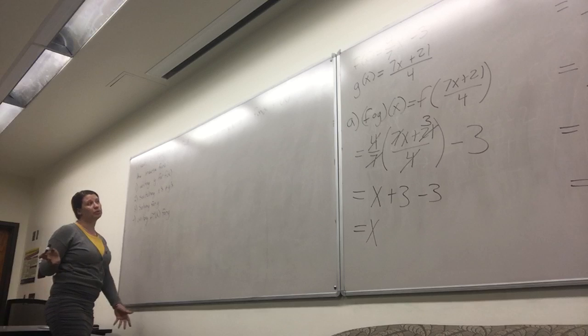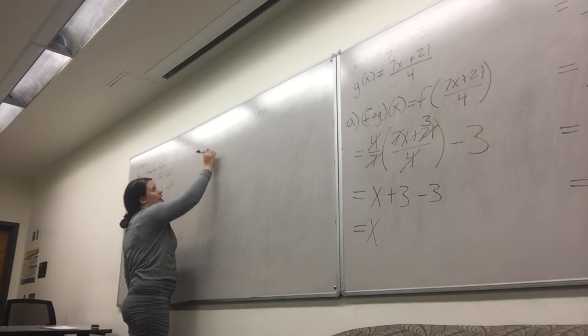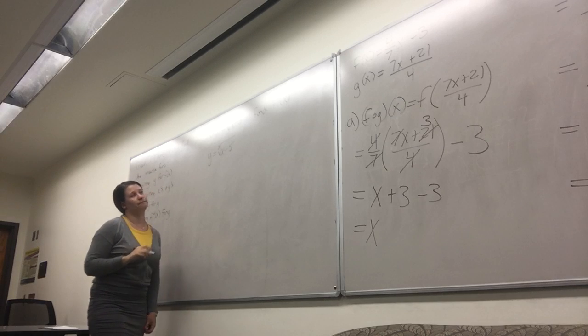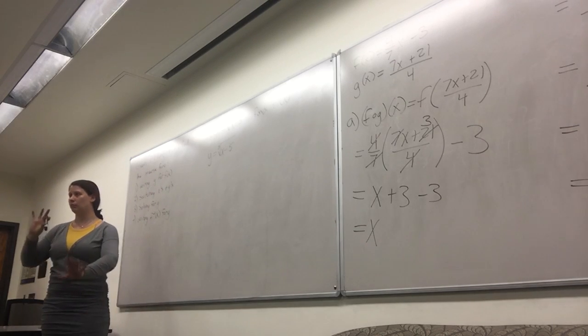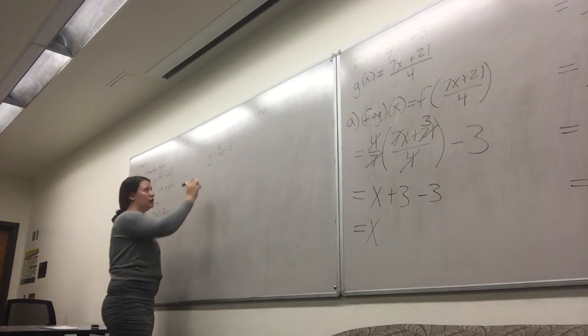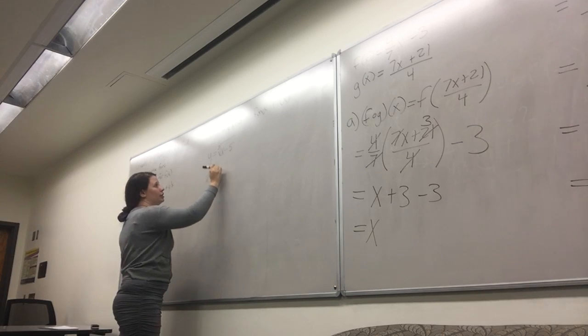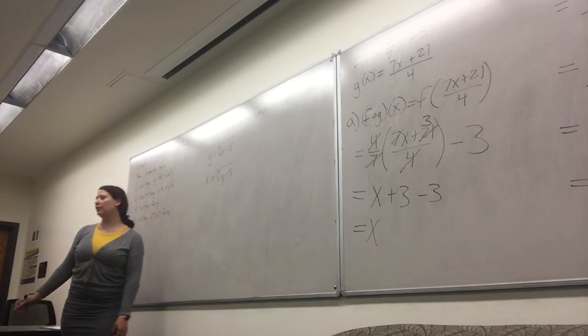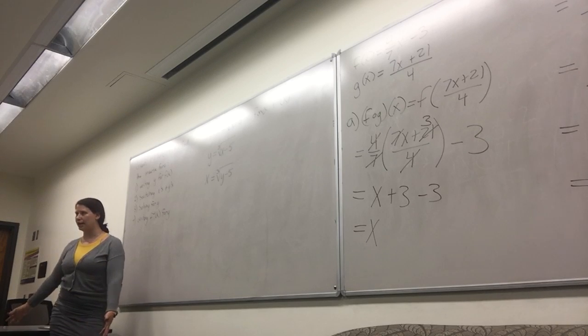So, first step, we write it as y equals the cube root of x minus 5. Then, we switch the y's and x's. So, x equals the cube root of y minus 5. Now we want to solve for y.